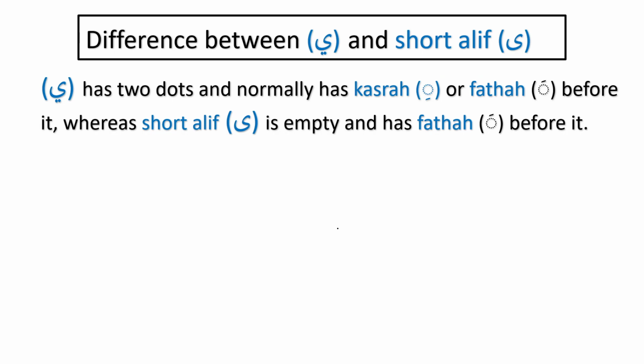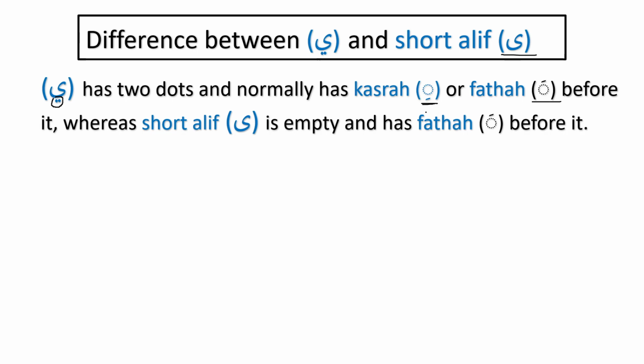Okay, first we saw the difference between Alif and Hamza. Now let's see the difference between Ya and short Alif. Short Alif, as we can see over here. So Ya has 2 dots, and normally has Kasra before it, as we saw the signs Kasra or Fatha before it.